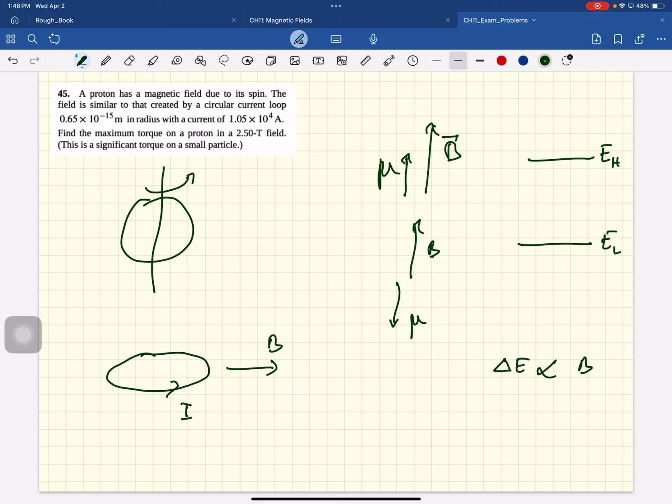Okay. So, you can excite a proton from a low energy state to a high energy state by sending a photon of the right energy.